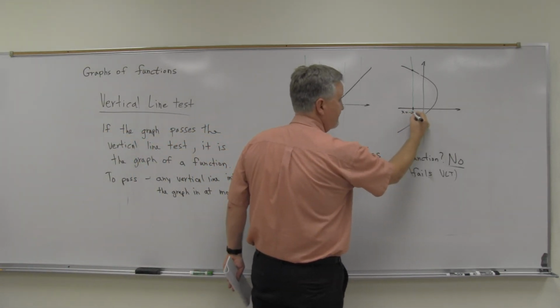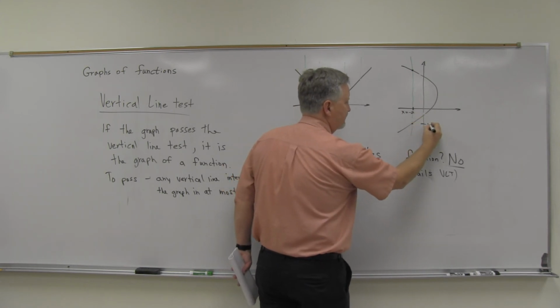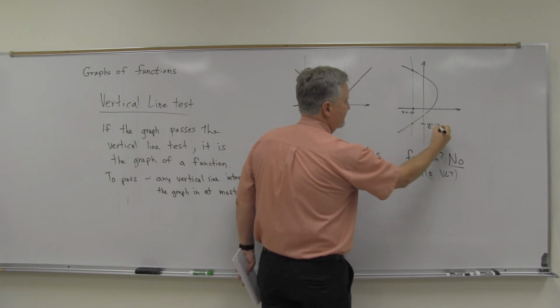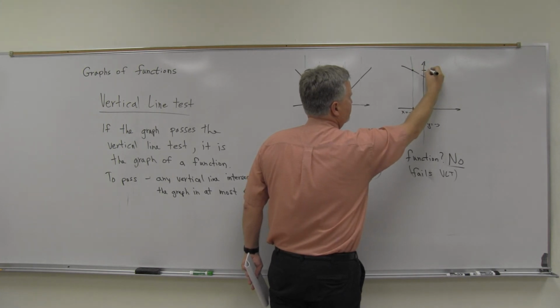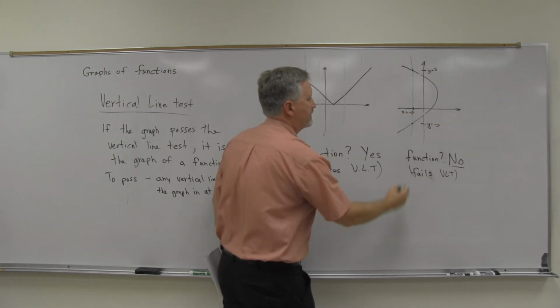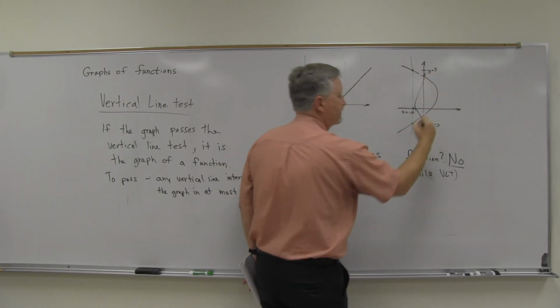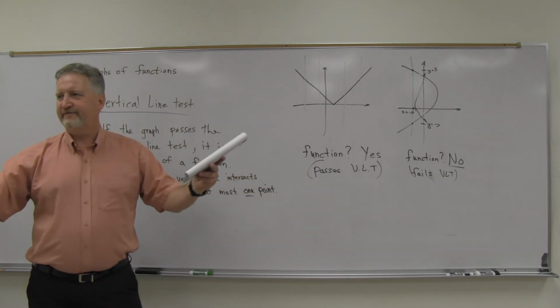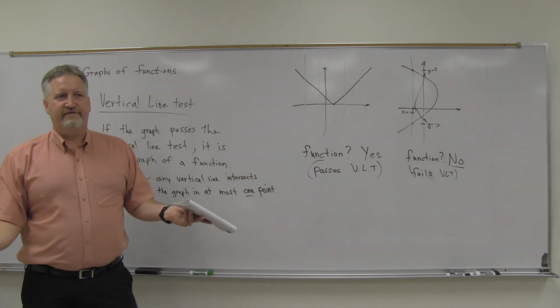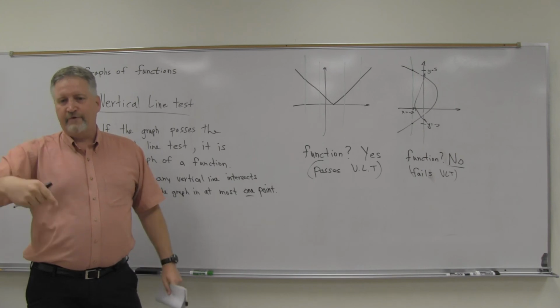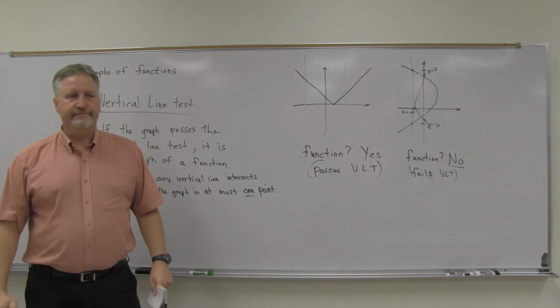Doesn't that x value, -2, go to this y value, let's call it -3, and then it goes to this y value, let's call it 5? So this one x value goes with 2 y values. That's why the vertical line test works: it tells you you've got 1 x going to 2 y's.